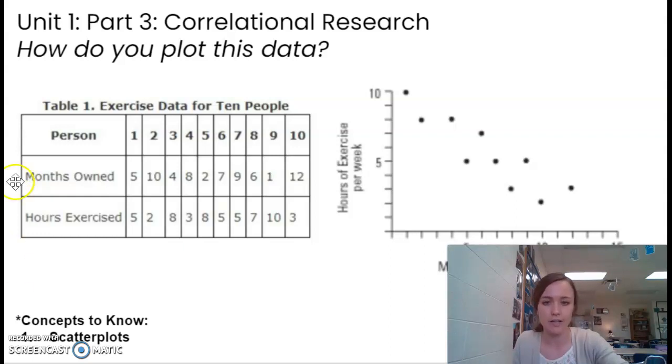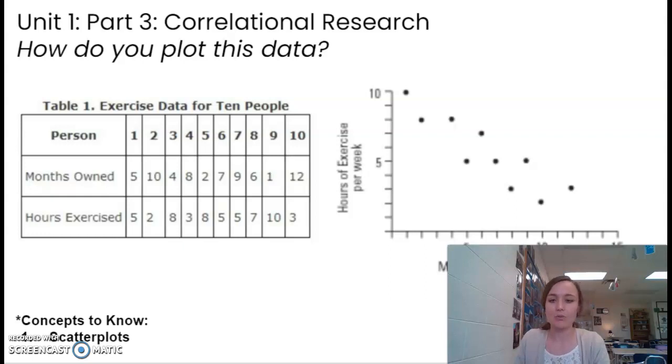Okay, next, when we are gathering correlational data, we start out collecting just the raw numbers. So you can see that in Table 1. Table 1 is showing us the measurements or the collection of two variables for 10 different people. And it's showing us for those 10 people the number of months each person has owned an exercise machine and the number of hours they have spent exercising that past week.